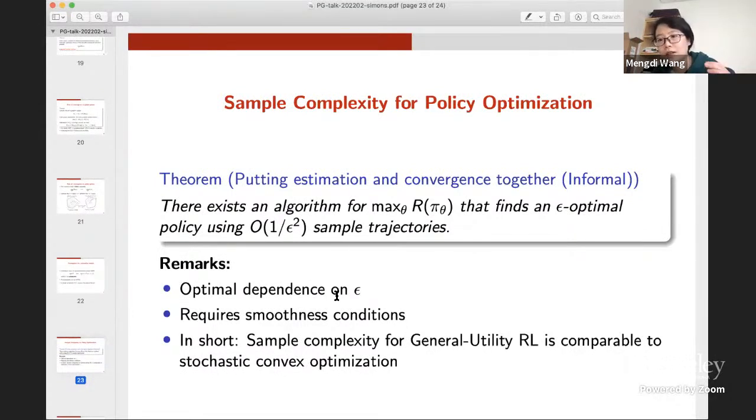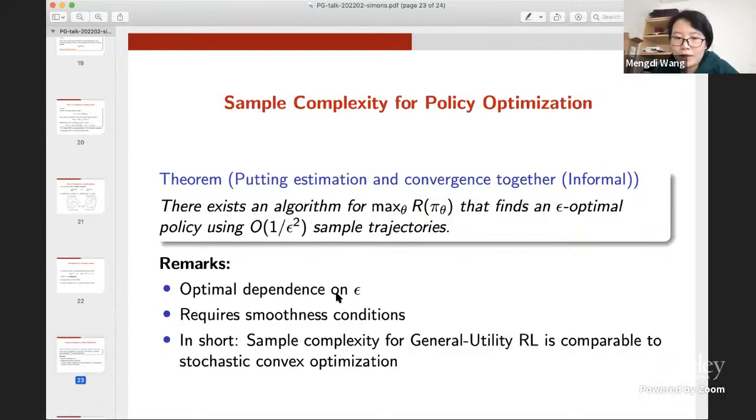However, in policy gradient convergence analysis, the best sample complexity one had ever got before was 1 over epsilon to the power of 3. Which means that there used to be this big gap between sharp theory for MDP and theory for policy gradient sample complexity. And we're finally closing this gap.